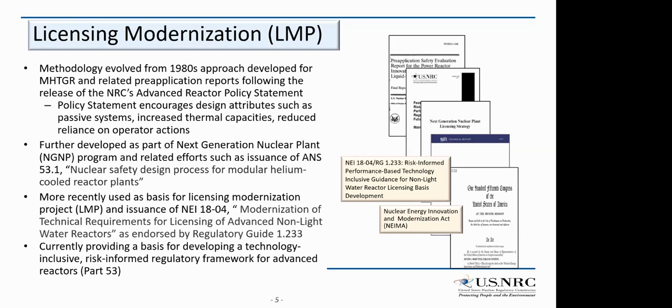And just last in the evolution there, or where to some degree it began, much of this methodology was developed and first proposed for the modular high temperature gas cooled reactor back in the 1980s.